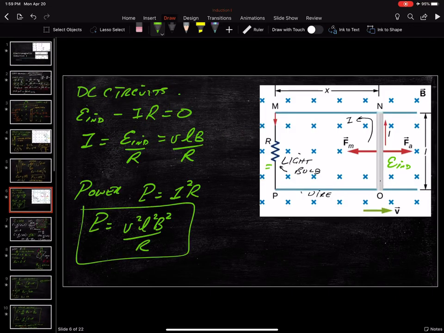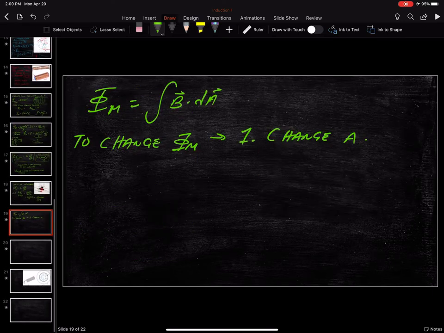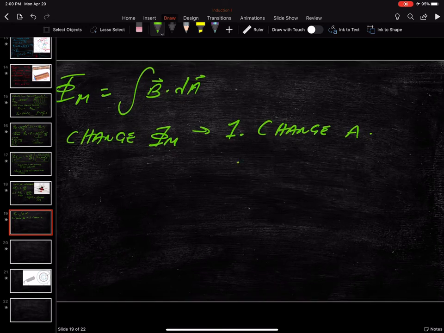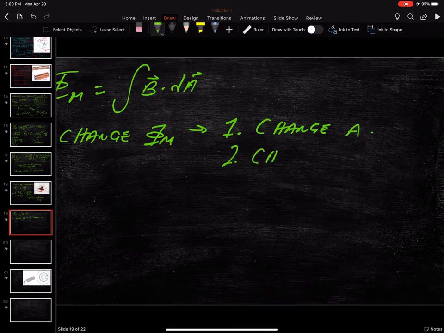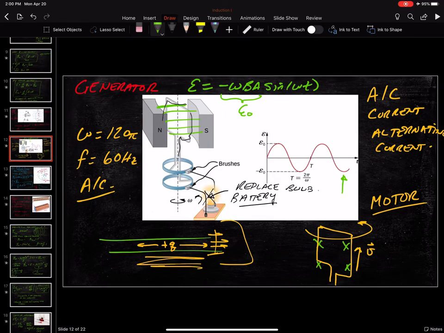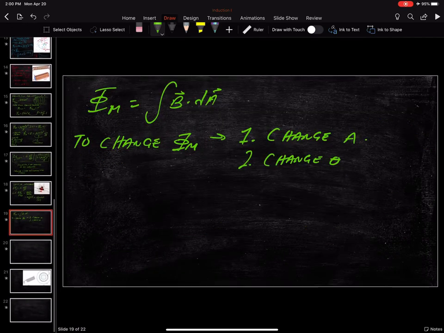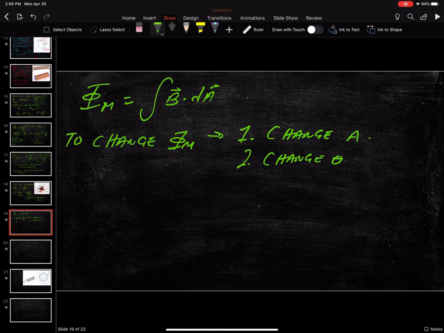We changed the area through which the magnetic field was passing. Piece of cake. Two, change theta. That's what we did when we talked about the motors. You change the angle, that changes your flux. But also there's three. What's number three? Change B.